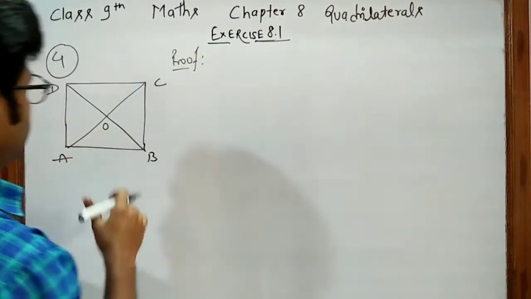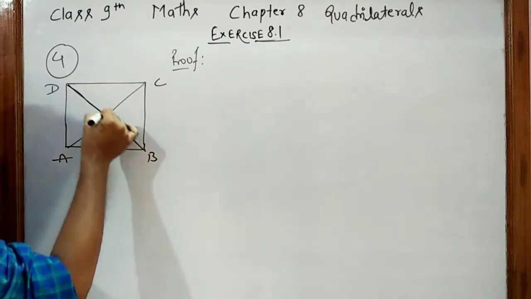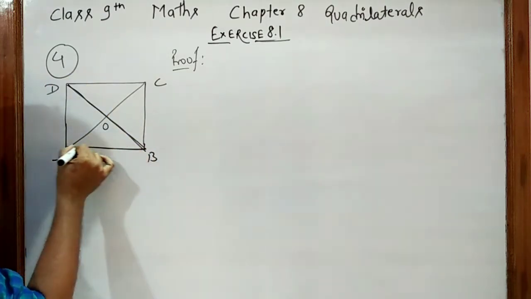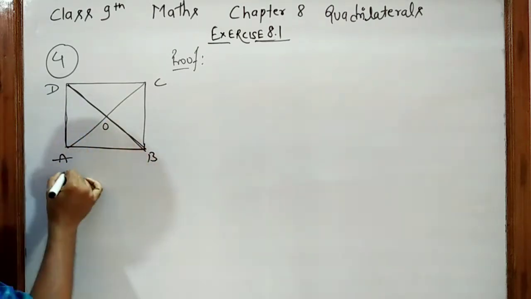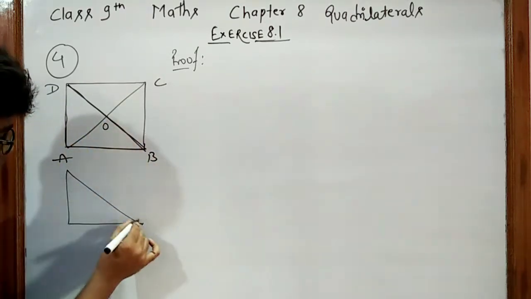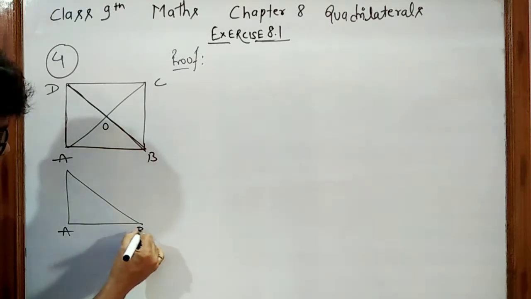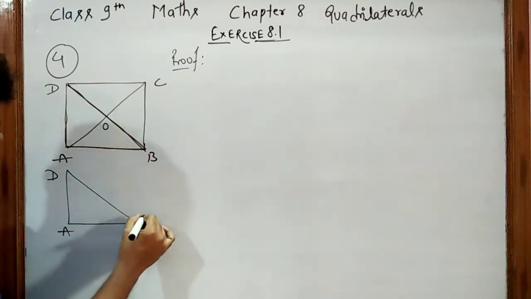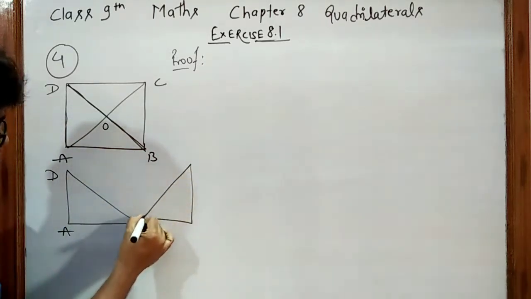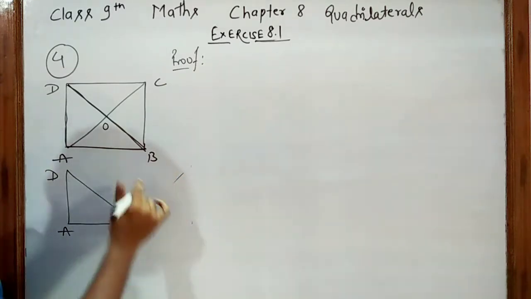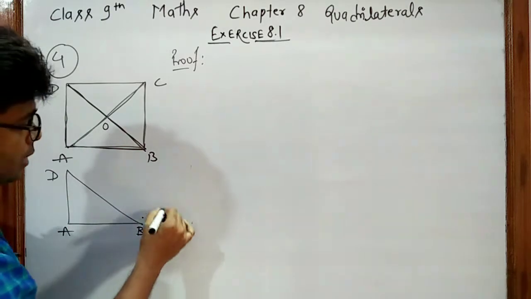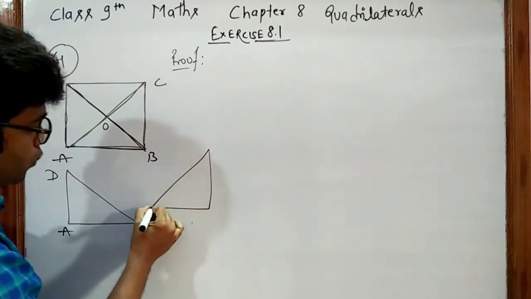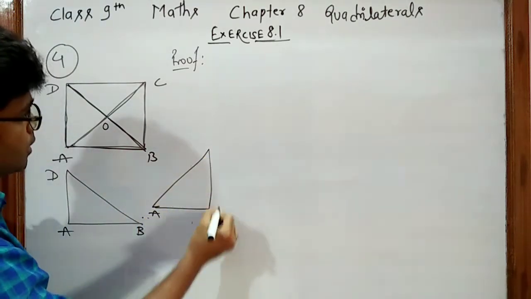Now for proving it, first we take triangle ABD and triangle BAC. Why are we taking these triangles?